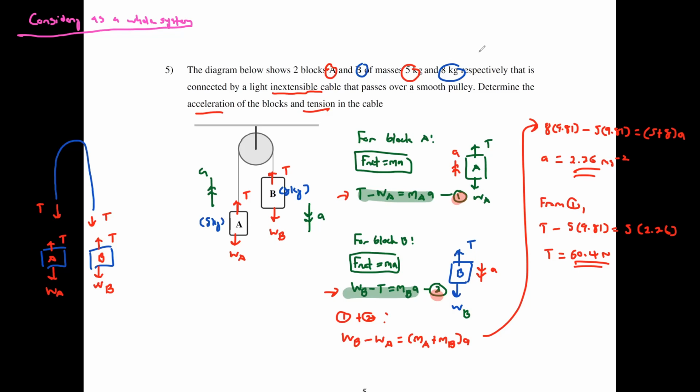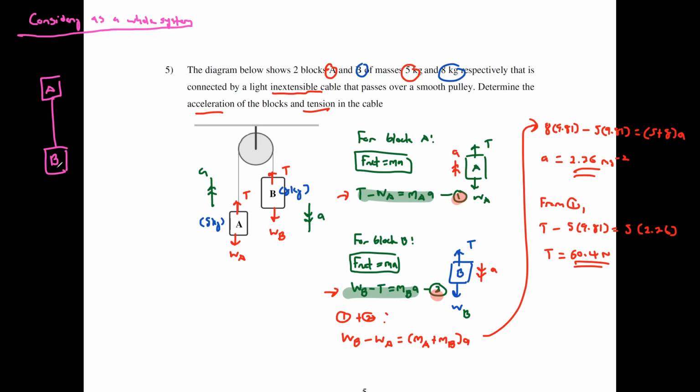If I laid it flat, it would actually look something like this, where this is B, and then this is A. In general, you're moving downwards.